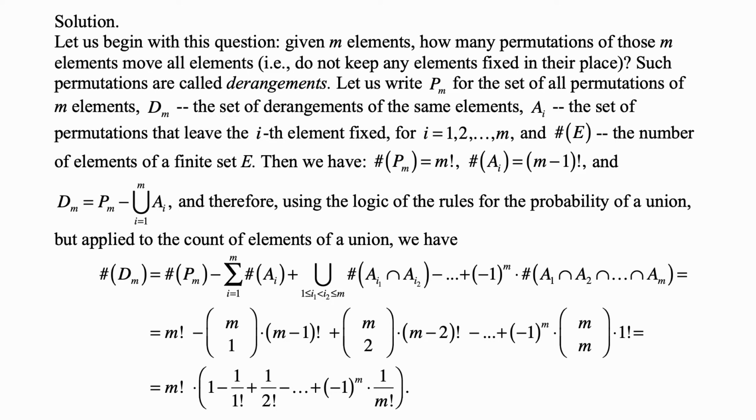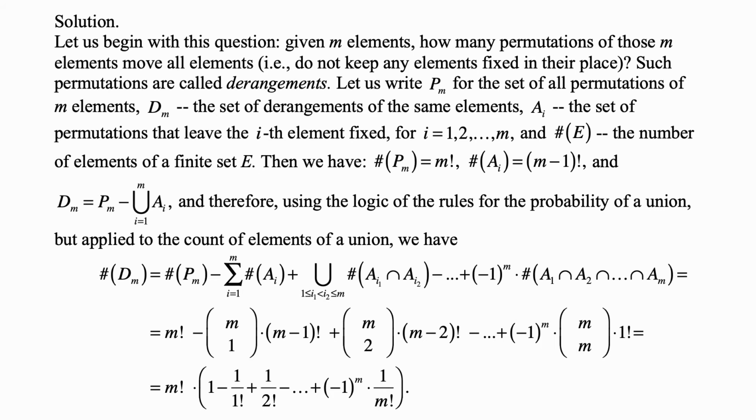Normally we would subtract, but we're subtracting the union, so minus minus, that's a plus of the number of Ai1 intersection Ai2. Next one will be minus, and so on up to negative 1 to the power m times the number of A1 intersection A2 intersection through Am.